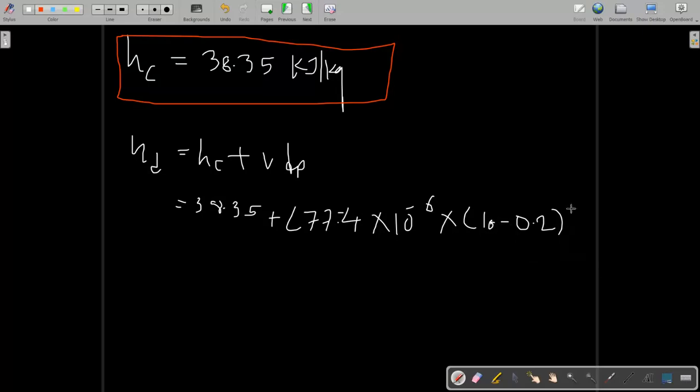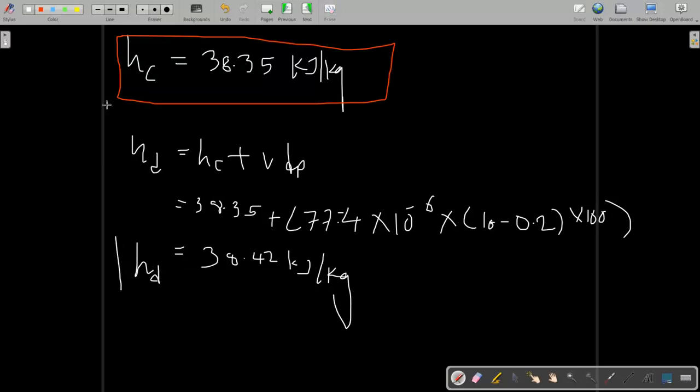When you convert into kilopascal, you have to multiply with 100. So when you solve this, you will get 38.42 kilojoule per kg. This is the enthalpy at point D.